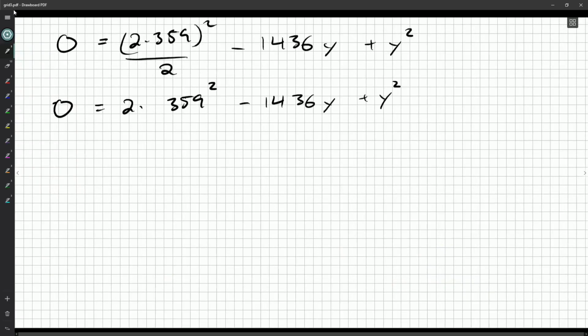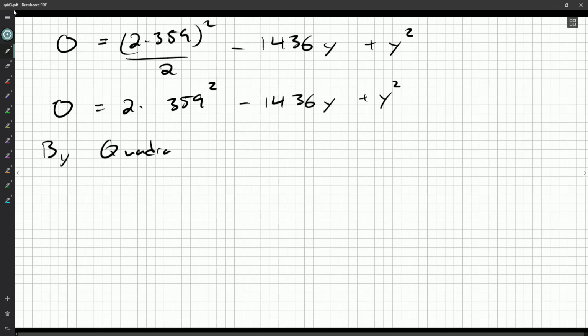So do I have to quadratic formula this, or is there a nice factorization? I don't think there is, but let's play around with it for a moment. 1436 minus 359. Divide that by 2. No. I think when in doubt, quadratic formula is the way to go.